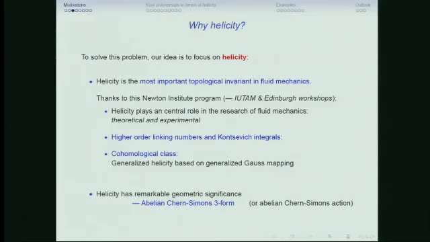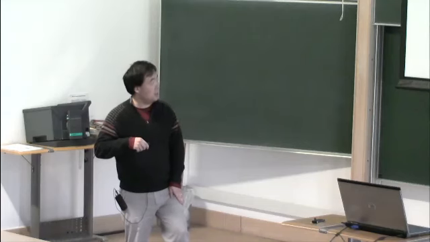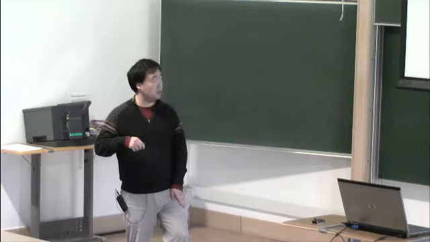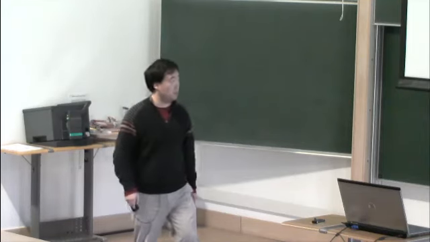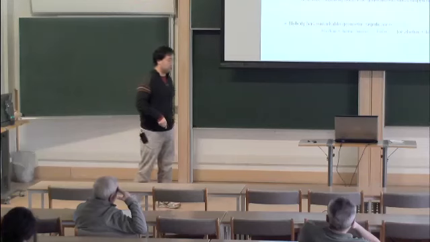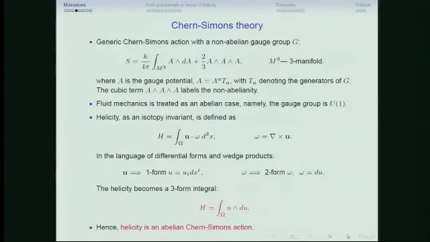So we know that helicity is a good candidate, and moreover, we have such a recognition, that is, helicity has remarkable geometric significance. That is, it is an abelian Chern-Simons 3-form. It is the Chern-Simons action. So, Chern-Simons theory. The generic Chern-Simons action with a non-abelian gauge group is this.